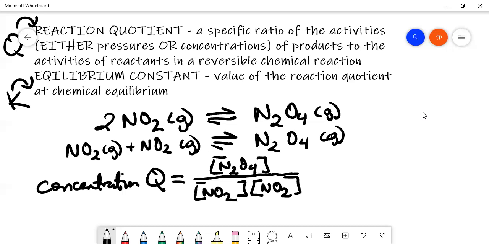And for every instance of product, I write down the formula of that product in brackets. And for every instance of that reactant, I write down the formula of the reactant in brackets. Of course, algebraically, it's just a little bit silly for me to write down concentration of NO2 times the concentration of NO2.